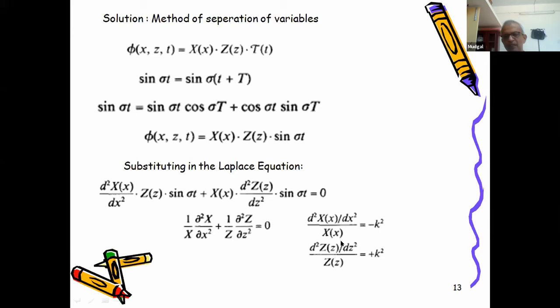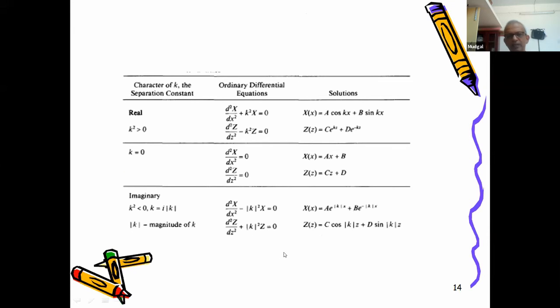So now we have two differential equations. One is 1 over X del square X by del x square equal to minus k square, and 1 over Z del square Z by del z square equal to plus k square. These are solved using differential equations knowledge, and you can get the solutions of this nature.